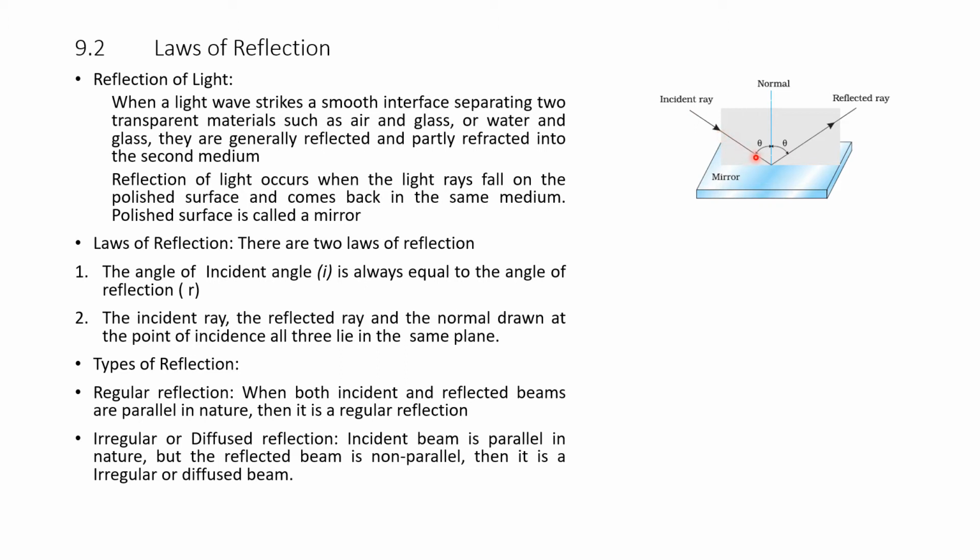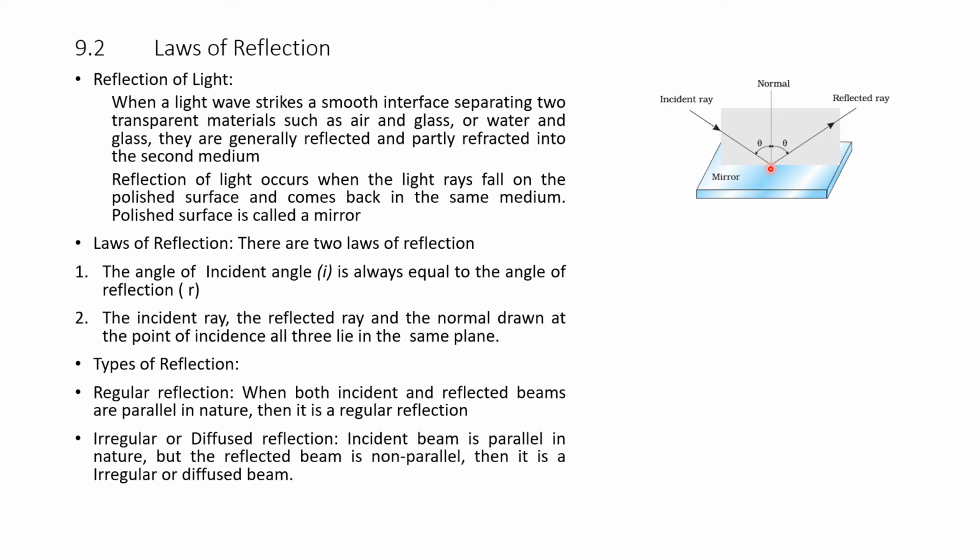This is the incident ray and it gets reflected by an angle here. The normal drawn to this point is n. So, this is the incident ray I, this is the reflected ray R, and this is n, normal to the plane of the surface.